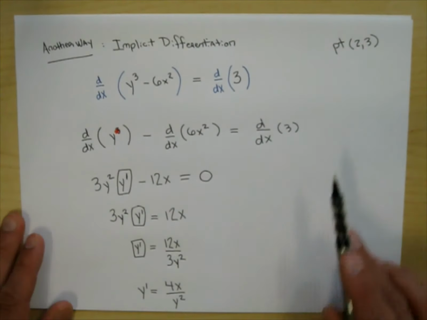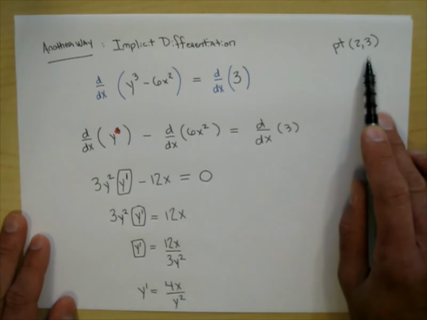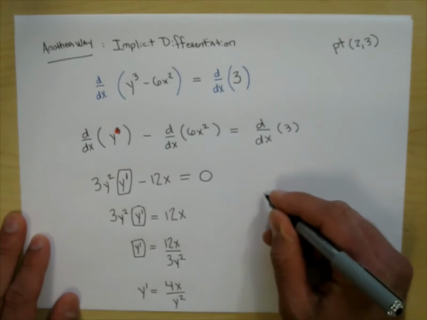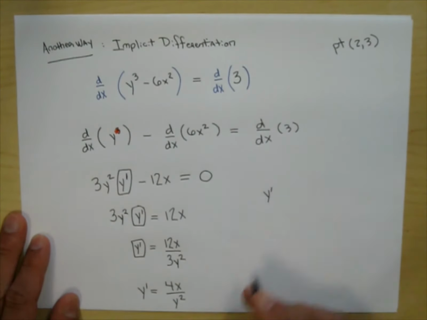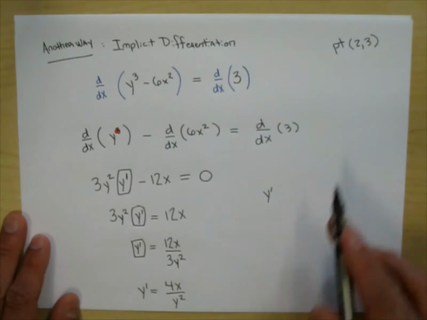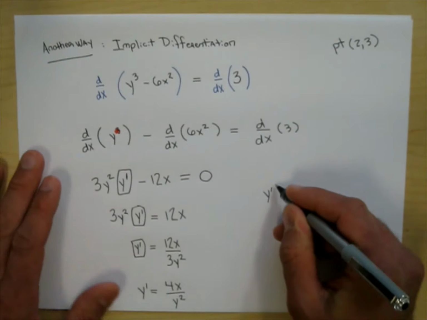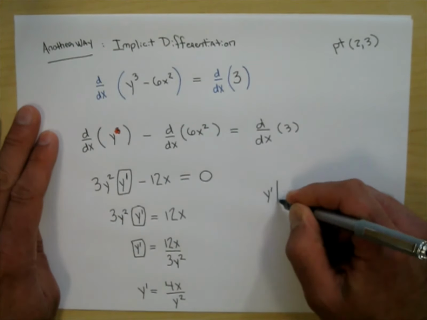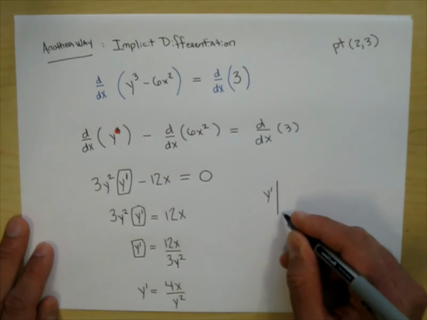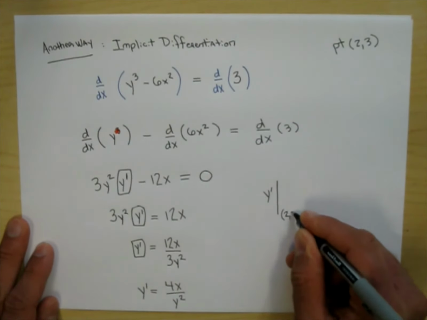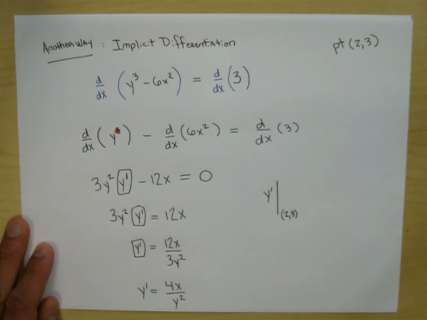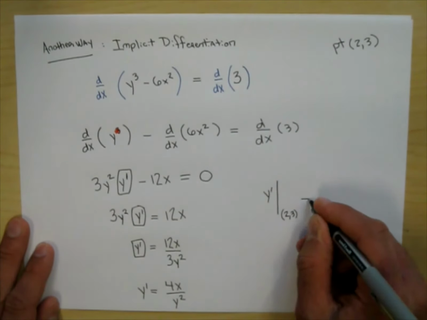And so now they want the slope at that point. So I'm going to go y prime, and I want to evaluate it at the point (2, 3). I'm going to use this notation that some of you might feel uncomfortable with. Put a line down there, and then put the point that I'm evaluating it at, (2, 3). So what does that mean?